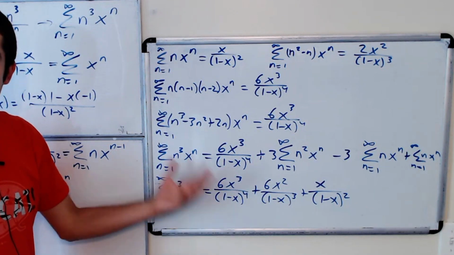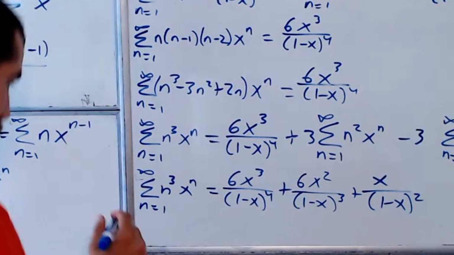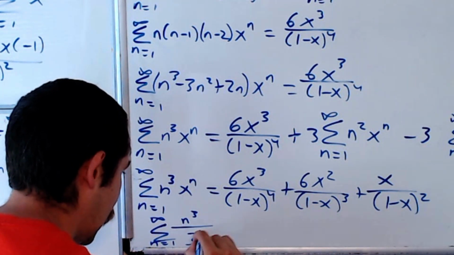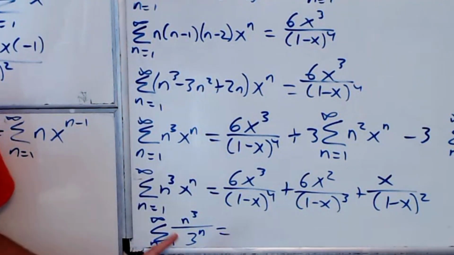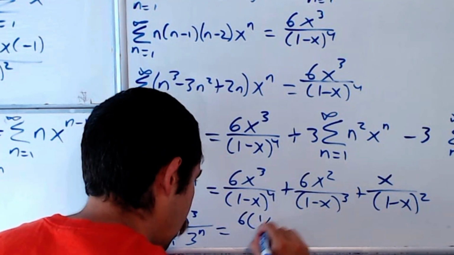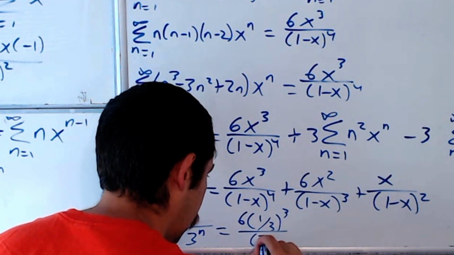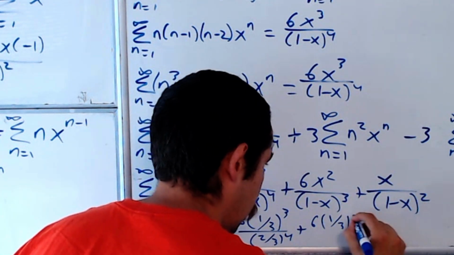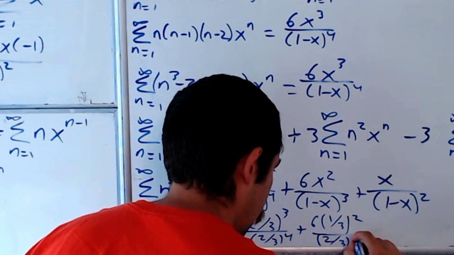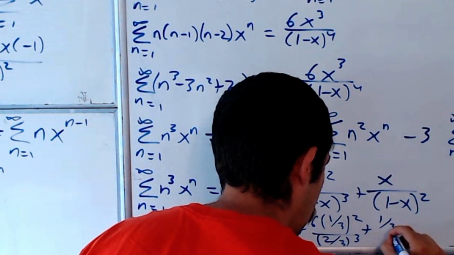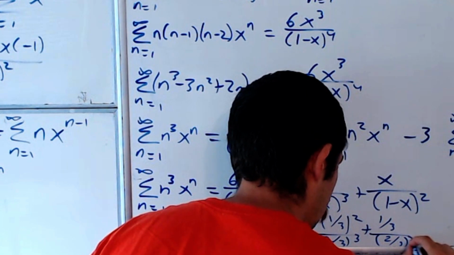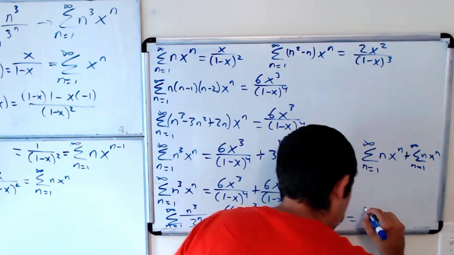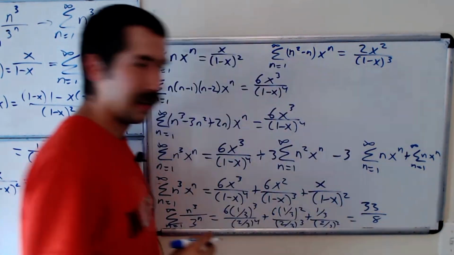Okay, and so now putting it all together, when we sub in x equals 1/3, we have the sum from n equals 1 to infinity of n to the third over 3 to the n is equal to, and now we just sub in x equals 1/3. So 6 (1/3) to the third over (2/3) to the fourth, plus 6 (1/3) squared over (2/3) to the third, plus (1/3) over (2/3) squared. And when you type all of that into a calculator or evaluate it by hand, you get 33 over 8.